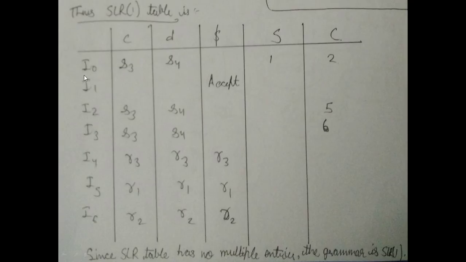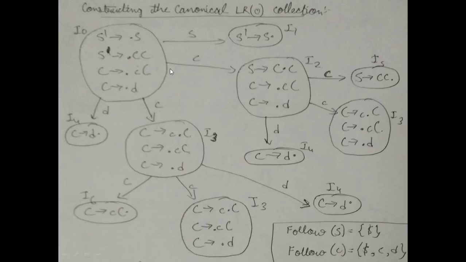Again we see that we have also written S4 in terminal D. Let's see that the transition should be to I4.